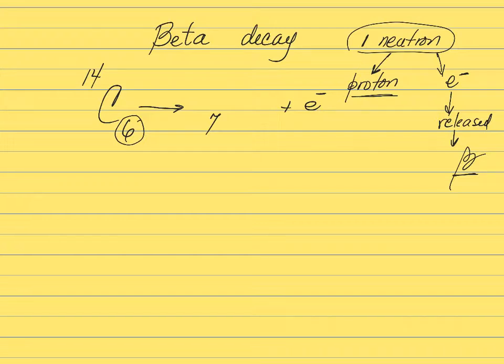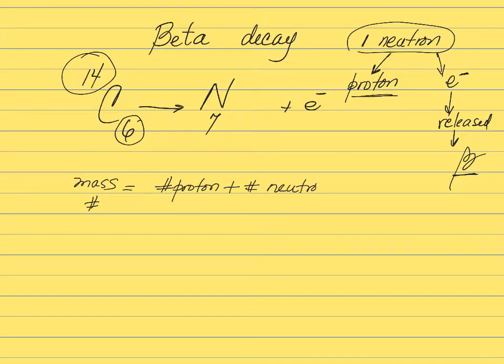Do I have the same element in there? No. And what is the only element that has an atomic number equal to 7? Nitrogen. And this is simple math. See, 14 over here. You know that the mass number is equal to the number of protons plus the number of neutrons. Yes or no?